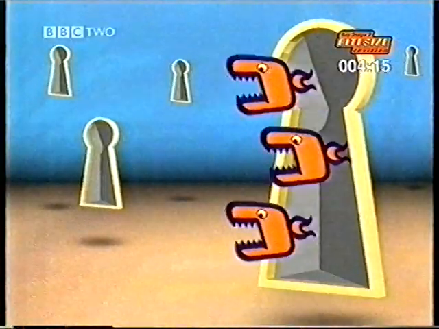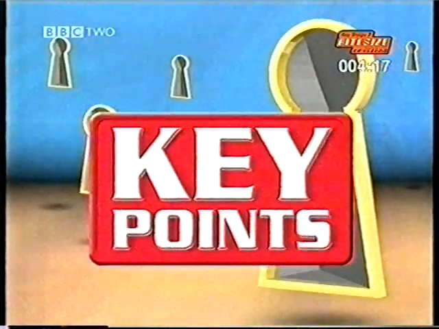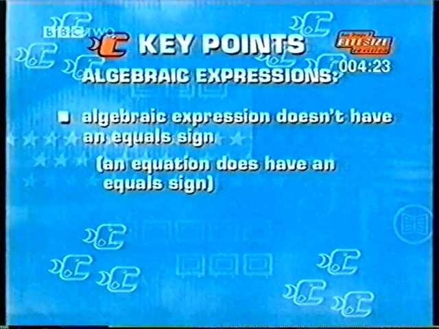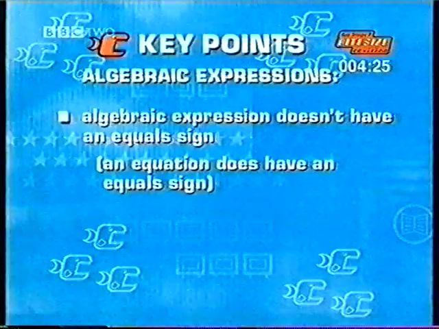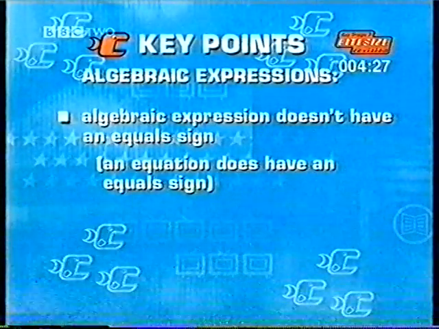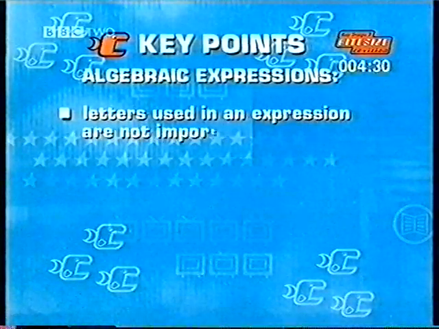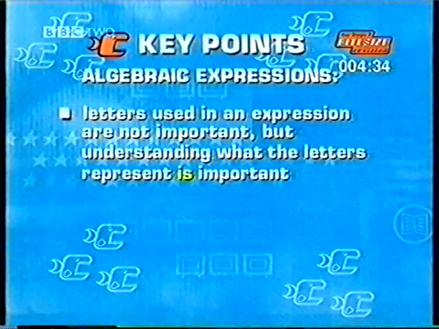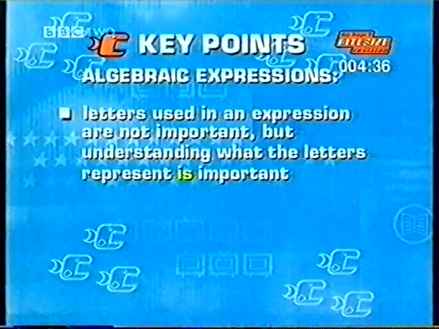Right, now let's remind ourselves of some important points about algebraic expressions. An algebraic expression is different from an equation because it doesn't have an equal sign, whereas an equation always does. The particular letters used in an expression are not important, but understanding what the letters represent is important.